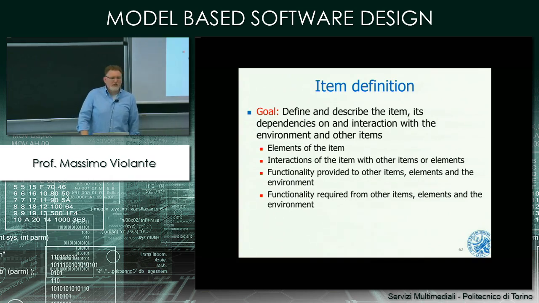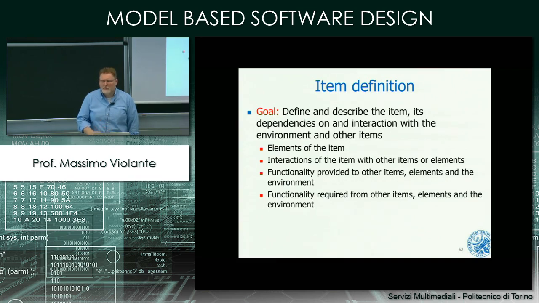So let's imagine we are willing to design a new vehicle. We are willing to put there a new electronic system. We have first to conceive what that electronic system is intended for, what the item is going to do, which is the functionality that the item is going to provide, which are the elements of the item. Do we need a CPU with a memory, with I/O, with particular sensors, or are we just looking into an electronic system with CPU and memory and nothing else?